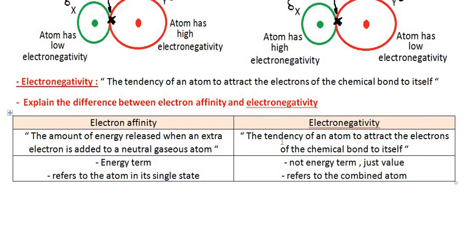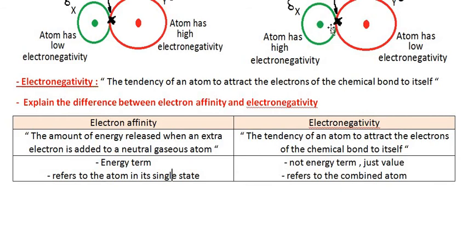Here, electronegativity is the tendency, or you can say the ability, of an atom to attract the electrons or the electron, one or more, of the chemical bond. The atom here is not free, it is bonded, two atoms together.